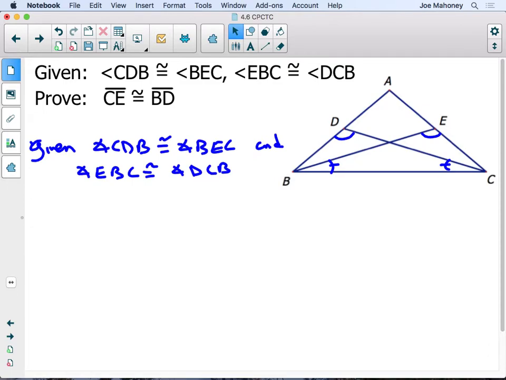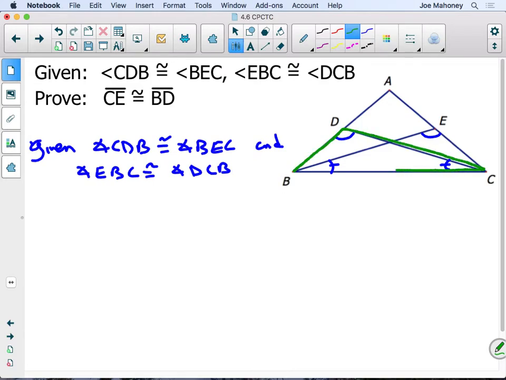Boy, this diagram is getting really wacky. If you have colored pens or pencils, it's pretty helpful to trace over them. It looks like these two triangles are going to be triangle BDC, this triangle here, and this red triangle here too, ECB.